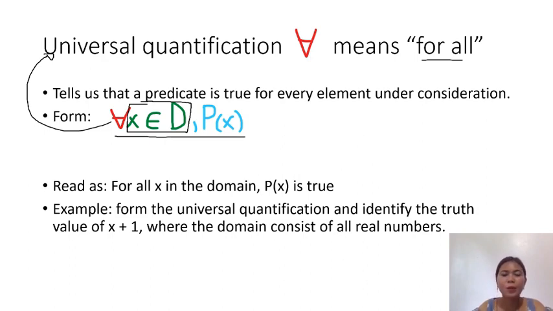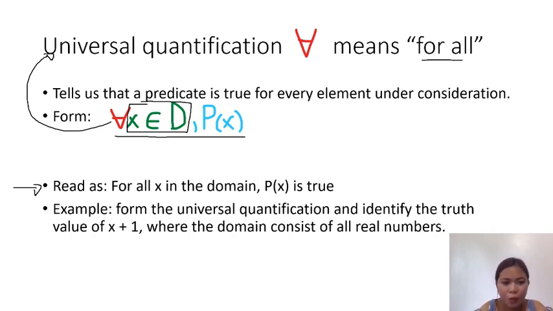So, yung mga brand ng mga cellphone na yun, yun ang X natin. And of course, this P of X is our predicate. So, how do we read this form? It can be read as, for all X in the domain, P of X is true. So, let's have an example.